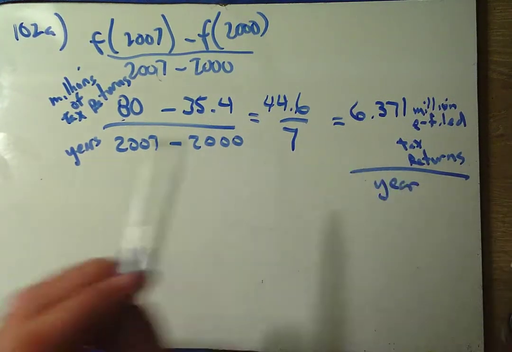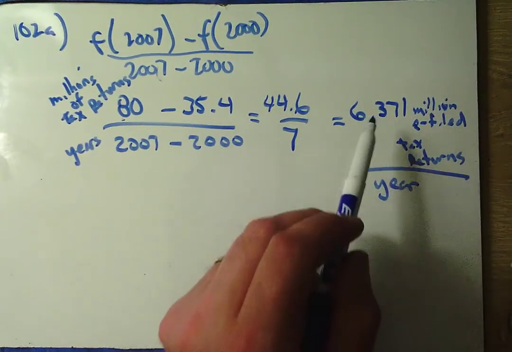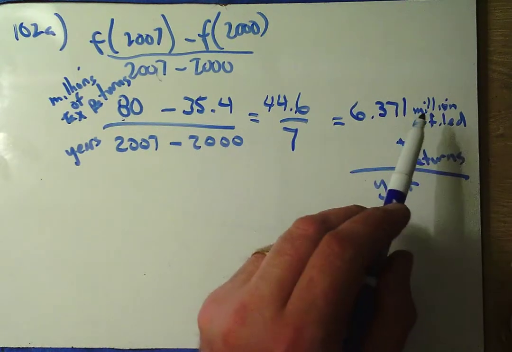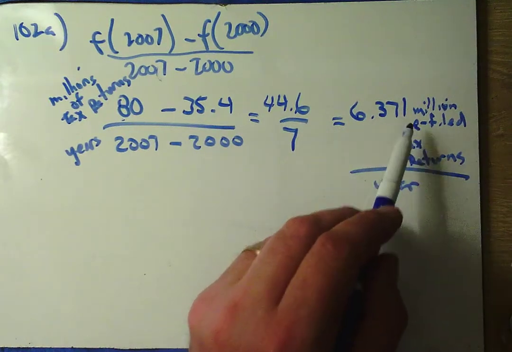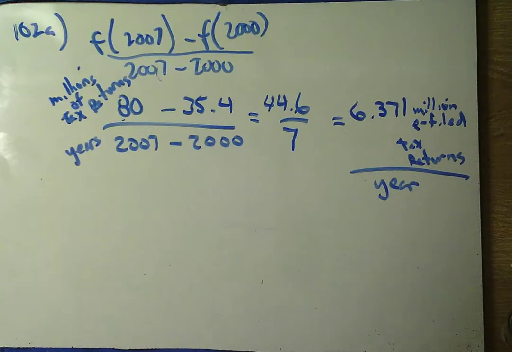Increase. This is an increase. This isn't how many people filed. This is the change in the number. So the number of tax returns e-filed went up by 6.371 million more each year, year after year.